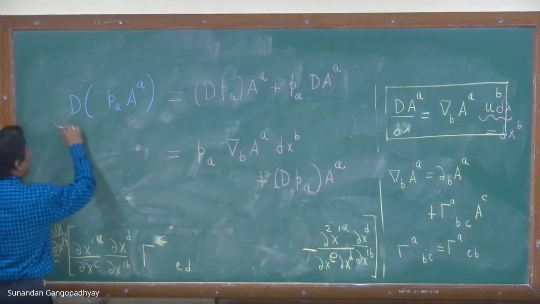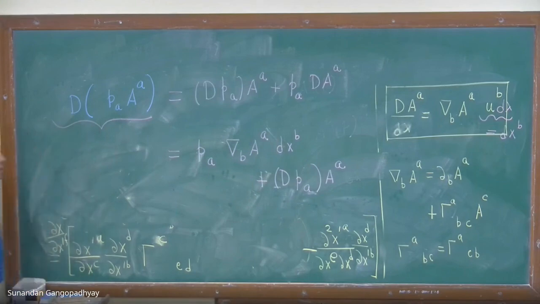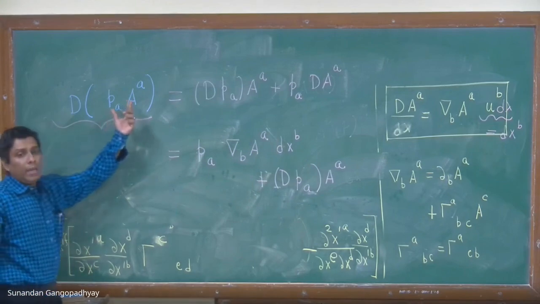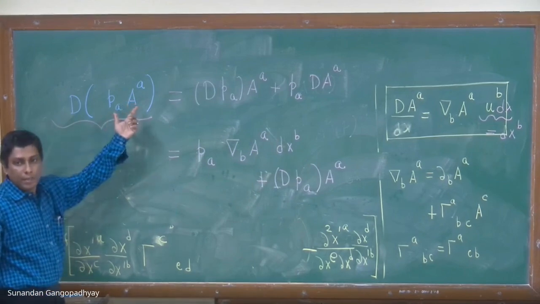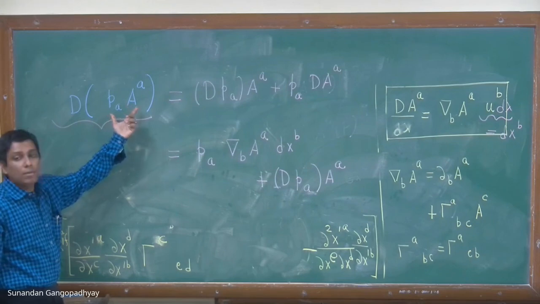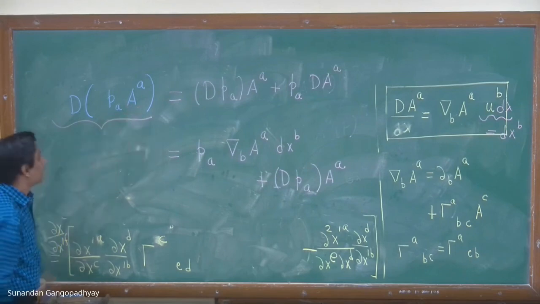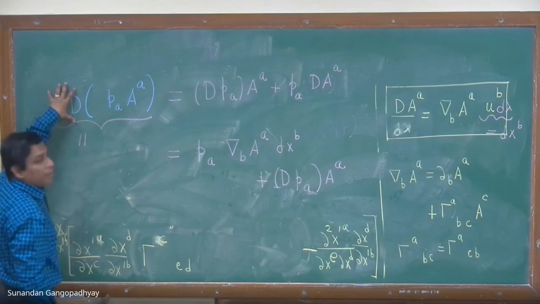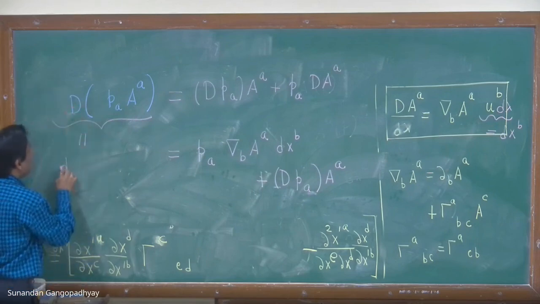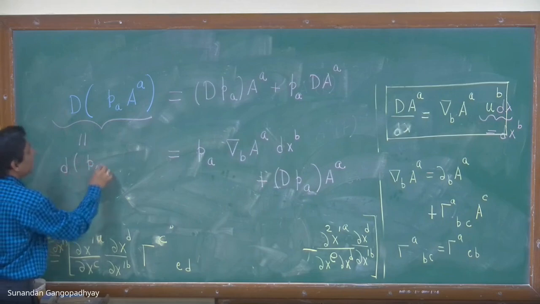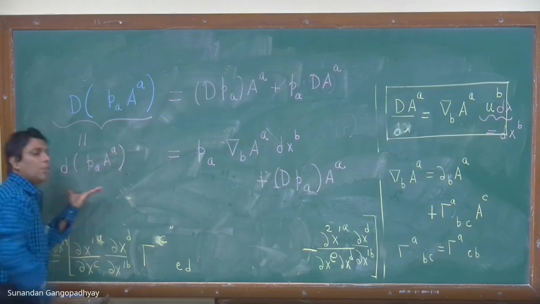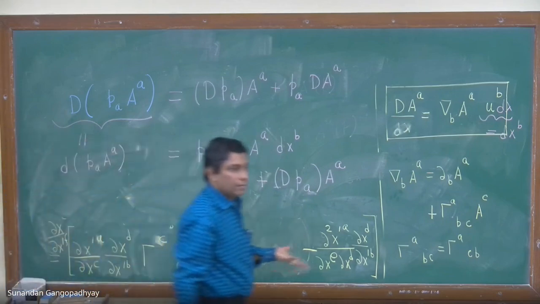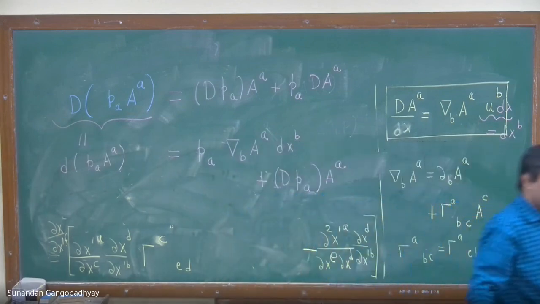Now what is the left hand side? We have seen already at the beginning of the lecture that this transforms like a scalar. For a scalar, this capital D you can replace by the ordinary d, because this also transforms like a tensor. Remember df d lambda transforms like a tensor.